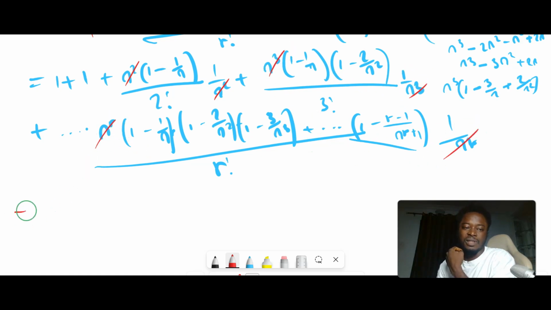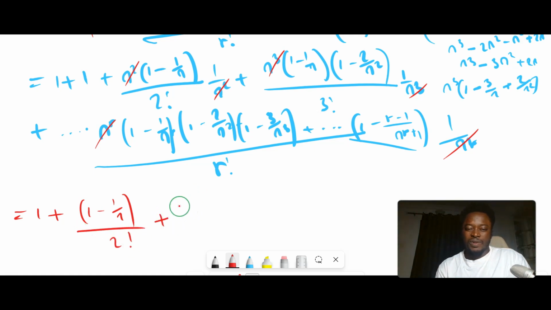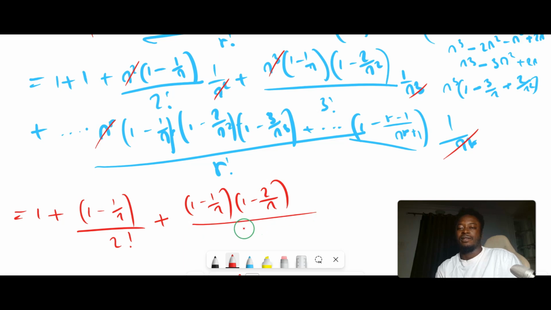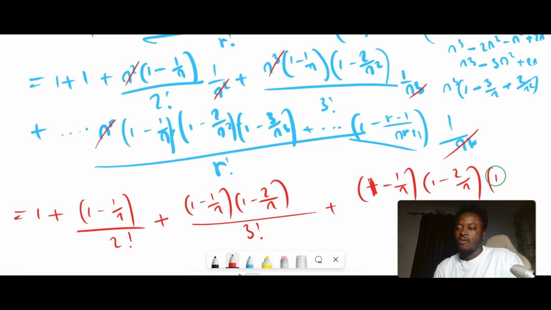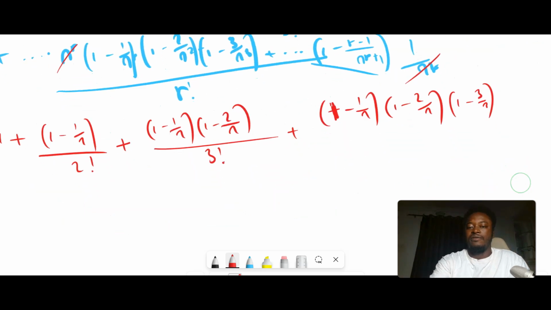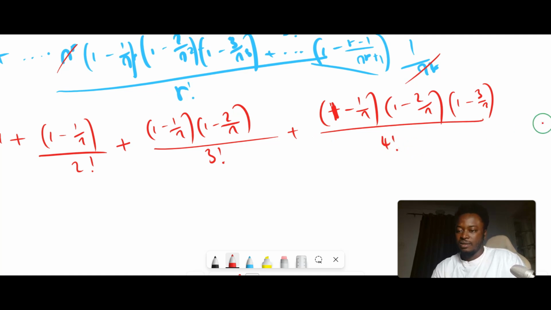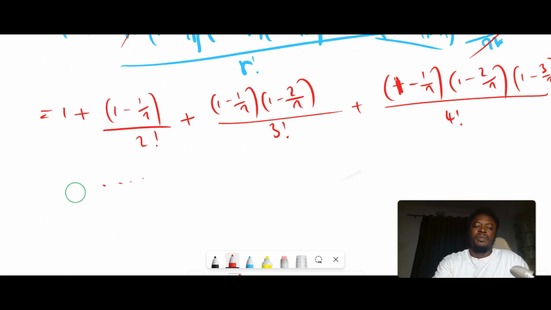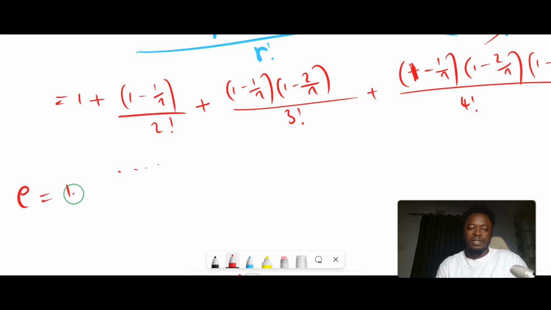So we're going to end up with 1 plus 1 minus 1 over n over 2 factorial, plus 1 minus 1 over n and 1 minus 2 over n over 3 factorial, plus 1 minus 1 over n, 1 minus 2 over n, and 1 minus 3 over n, divided by 4 factorial, plus up until infinity.